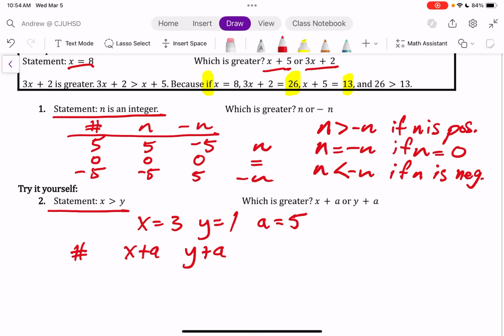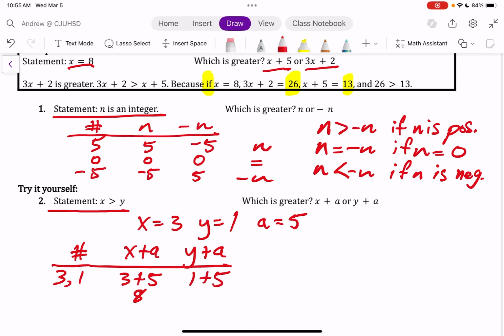Now, 3, 1, and 5. I'm totally just choosing those almost at random. I just need to make sure that the x was bigger than the y. Okay, so let's see. If you have the numbers 3 and 1, then x plus a is 3 plus 5, and y plus a is 1 plus 5.